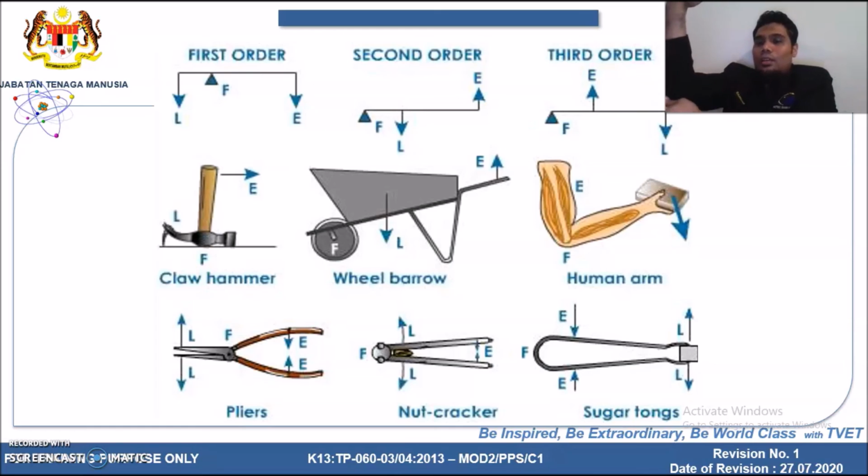Hujung ni, siku kita ni ialah kita punya fulcrum, fulcrum yang boleh gerak ni. Hujung ialah load. Another one is sugar tongs. Sugar tongs ni ialah hujung dia fulcrum, tengah dia effort, hujung sekali ialah load. So this is three class of lever.